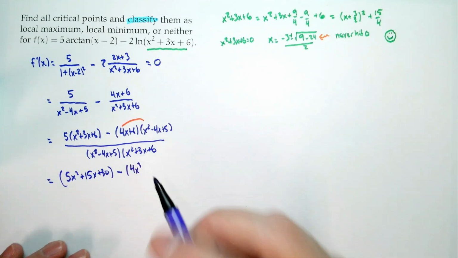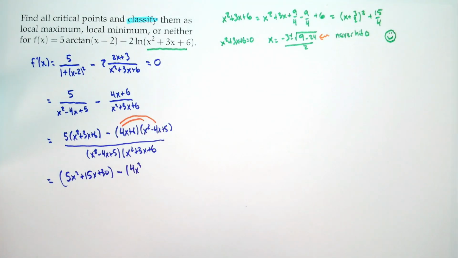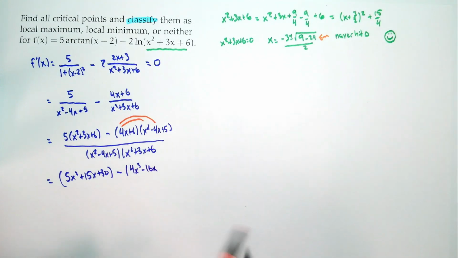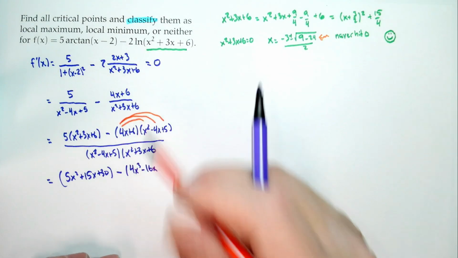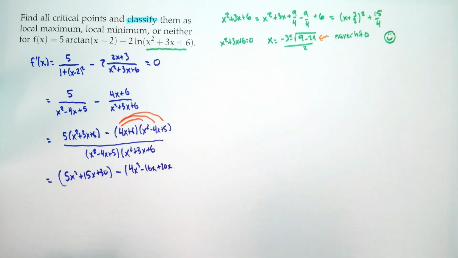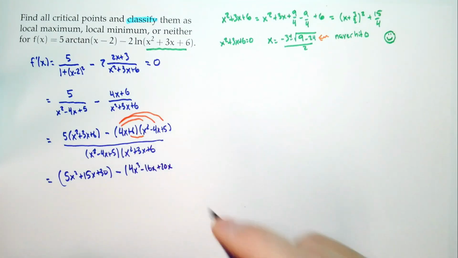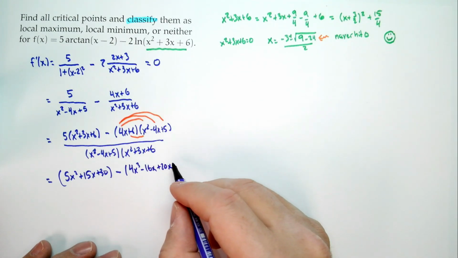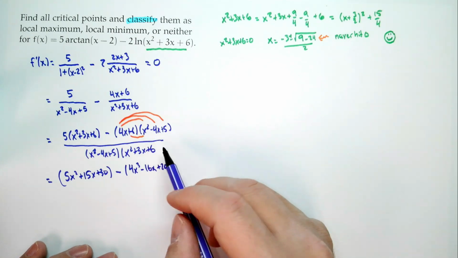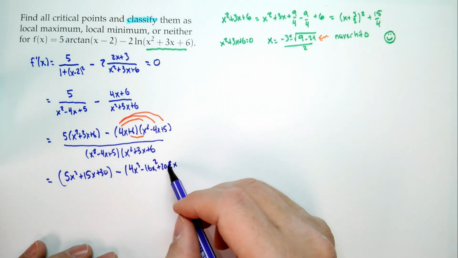Then we're going to have the 4x times the negative 4x, so that'll be minus 16x squared. Then the 4x times the 5, that'll be plus 20x. Then now the inside parts. 6 times x squared, that'll be 6x squared. I wrote 20x, should just be 20. Whoops. Double check. No, 20x is right. It's the 16x squared. That's right. Triple check.